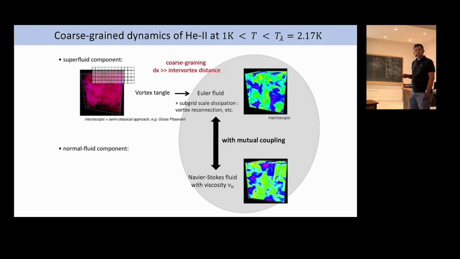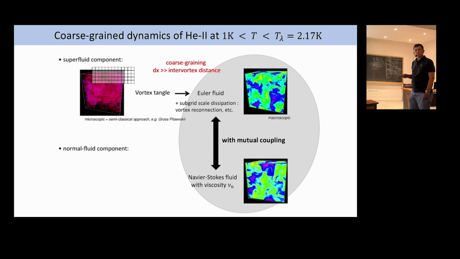So we are interested in the coarse-grained dynamics of superfluid helium at temperatures between typically 1K and the transition temperature, when you have these two components. It's coarse-grained dynamics, so the resolution of the dynamics is at a scale much larger than the intervortex distance.